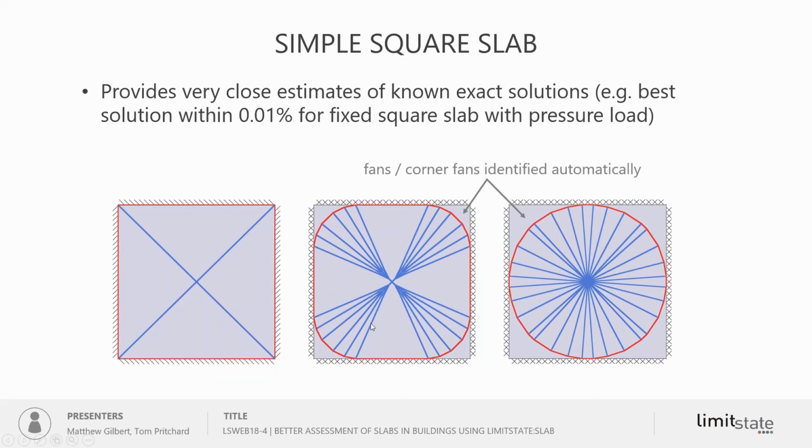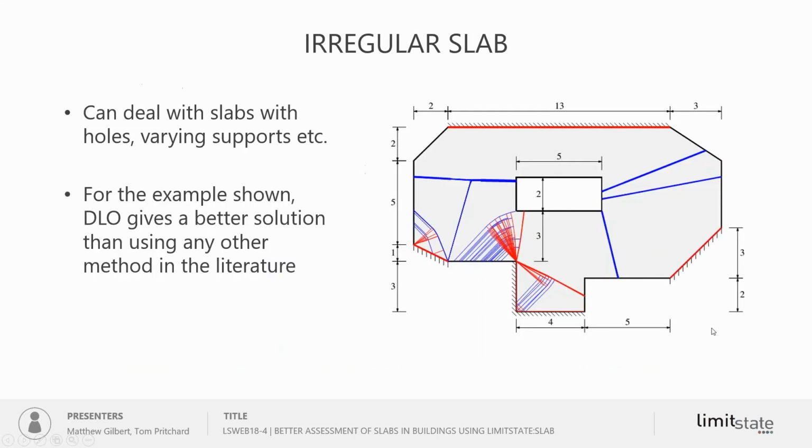When we change those supports to be fixed, we get a very close representation of the more complex mechanism, which is known to be critical for that case. And if we put a point load instead of a distributed load, then we get a circular fan mechanism, which again is the known critical mechanism. So we get very good results for those academic benchmark problems.